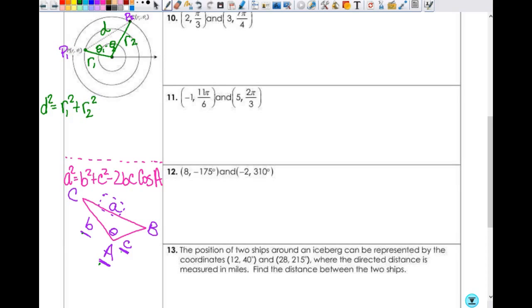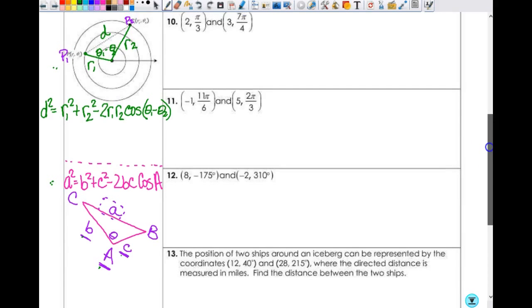Those are our two side lengths that we have, minus 2 r1 r2 times the cosine of theta 1 minus theta 2. So basically I just took what I have here and substituted it into my law of cosines. Everybody good so far? All right, good deal.